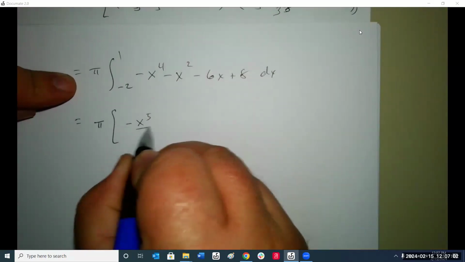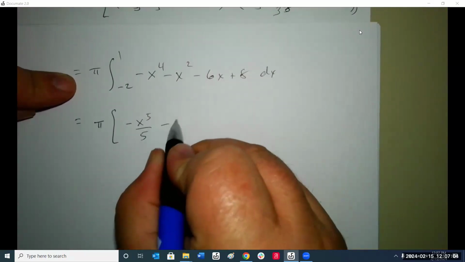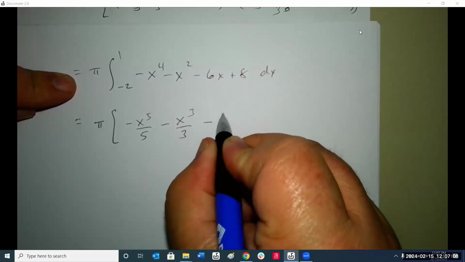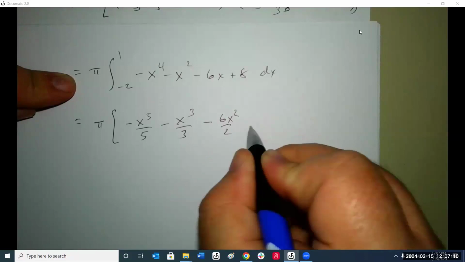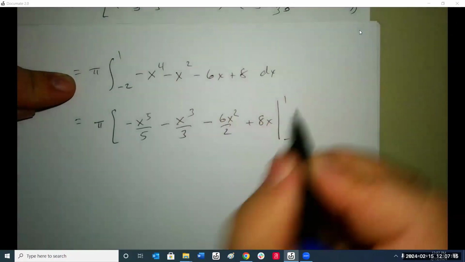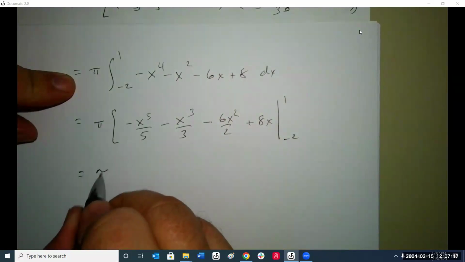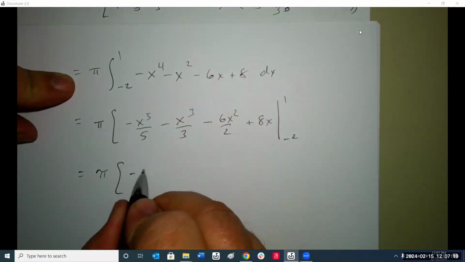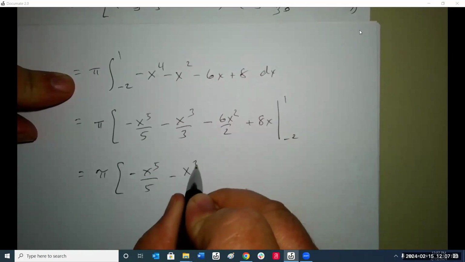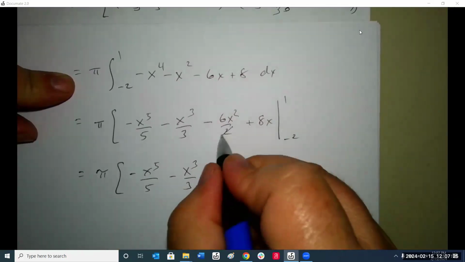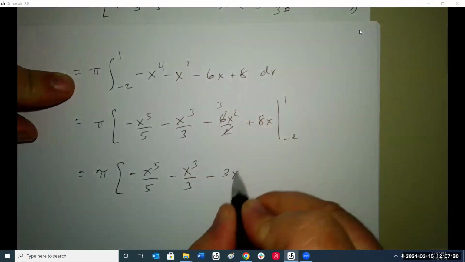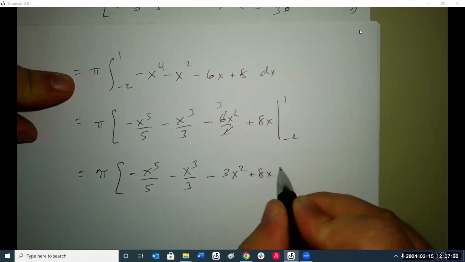Negative x to the fifth over 5, negative x to the third over 3, negative 6x squared over 2, 8x. Negative x to the fifth over 5, minus x to the third over 3, minus 3x squared plus 8x.